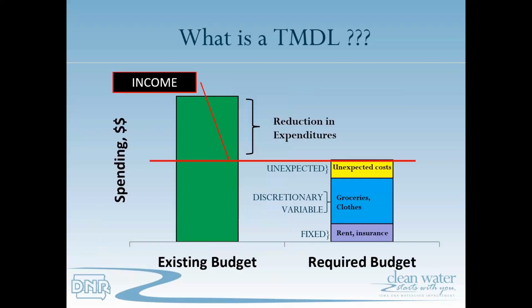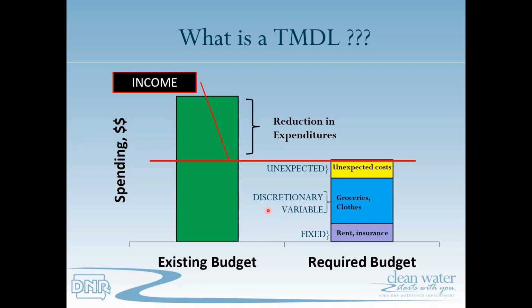So with our household budgets, we can break it into basically three categories. Our fixed costs would include rent, insurance, a mortgage payment, things that aren't going to change from month to month. They're going to be consistent.